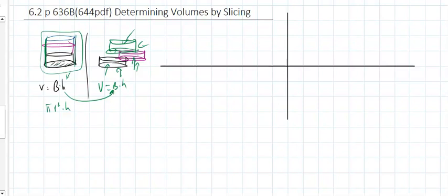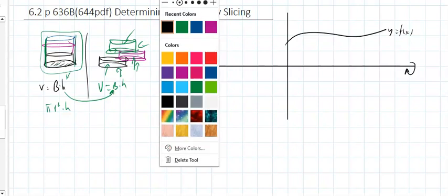Now, suppose we have a function, and the function looks something like this. And suppose I rotate this function about the x-axis. So, let me be more specific.